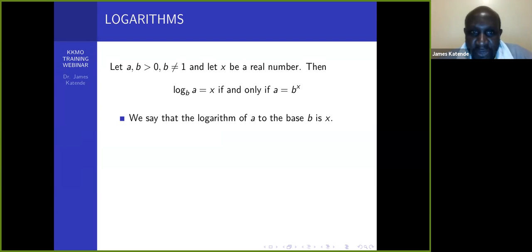On the one end, we have what we call the logarithmic expression, and on the other end, we have the index form or the exponential form, depending on which term is preferred. So as usual, we say that under these circumstances, the logarithm of A to the base B is x.